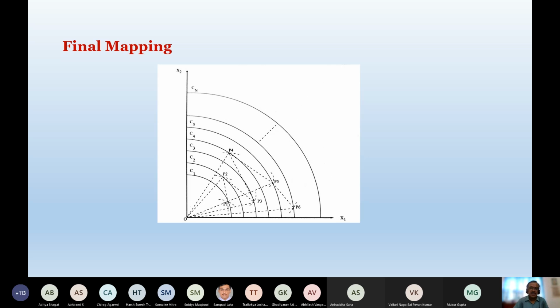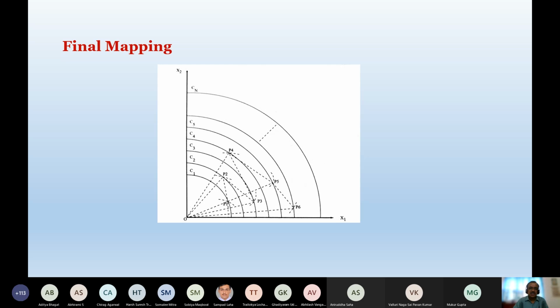Once you've got the circular arcs, you concentrate on the first circular arc, C1. There are infinite number of points which could be a possible solution corresponding to the closest connecting weight. So on this circular arc, you take any point at random. I'm taking this one.